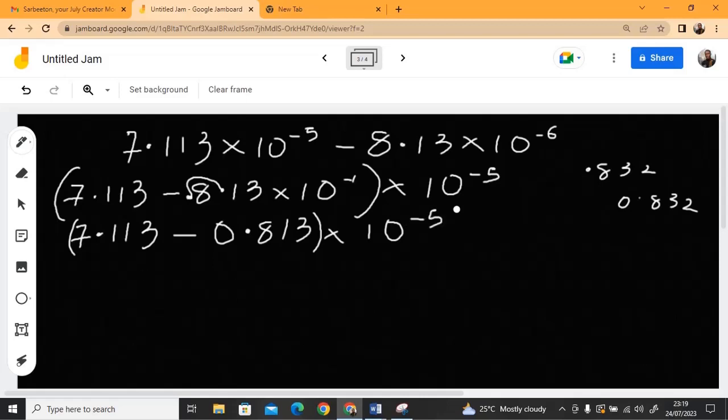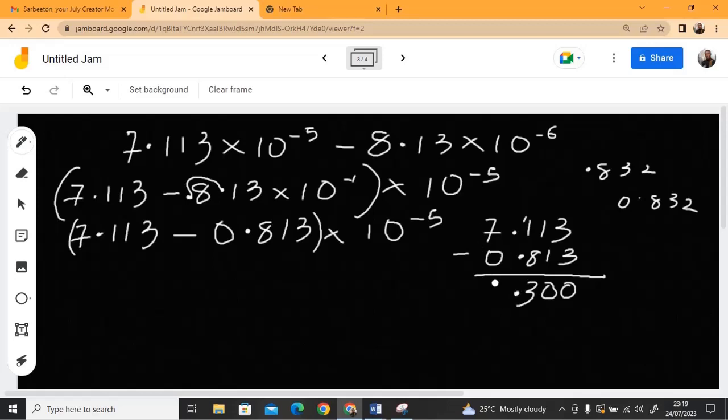Using our normal protocol, so you have 7.113 minus 0.813. So when you minus this, 3 minus 3 is 0, 1 minus 1 is 0. You borrow 1 from here, bring it here, that is 11. 11 minus 8, that is 3.